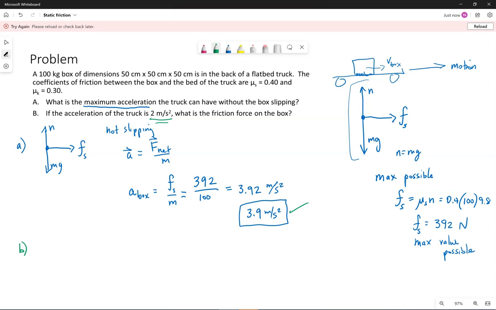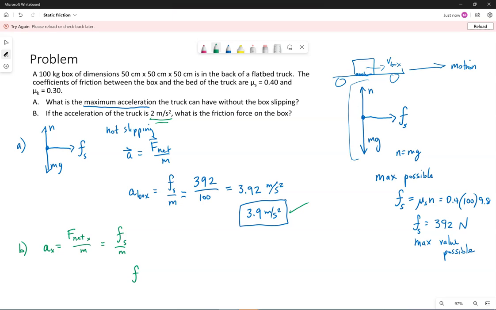It is still true that the acceleration of the box in that x direction depends upon the net force in the x direction divided by the mass. It is still the force of static friction over the mass. But this force of static friction is not the max.